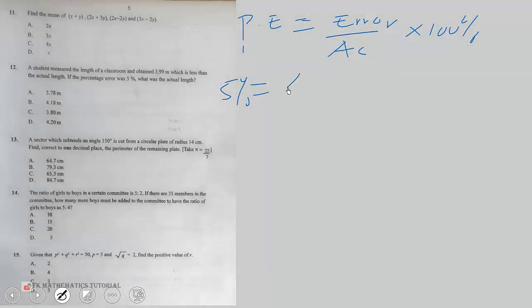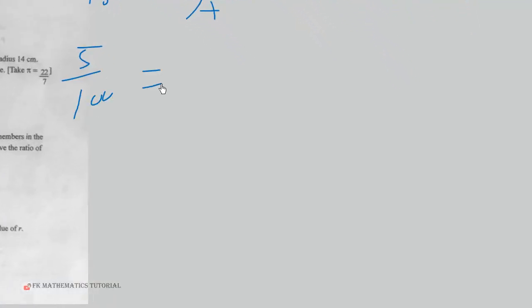So the error will be actual length minus estimated length, all over actual length, times 100%. That is giving us 5%. So 5 over 100 is equal to actual length minus the estimated value, 3.99, all over A, times 100%.